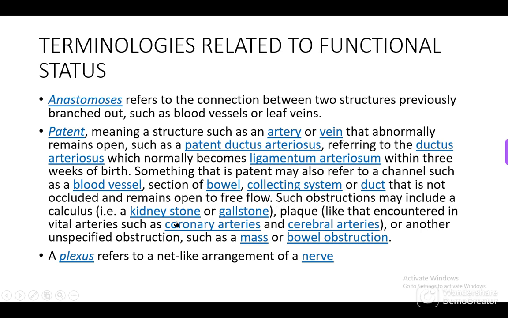Every hollow structure has got patency. And when, for example, a gallstone or kidney stone occupies it, you say that the patency is gone. 100% of patency is not there. In the coronary artery or cerebral artery, the patency is reduced to 20%, 30%, etcetera. Now these are the terminologies where patency is concerned.